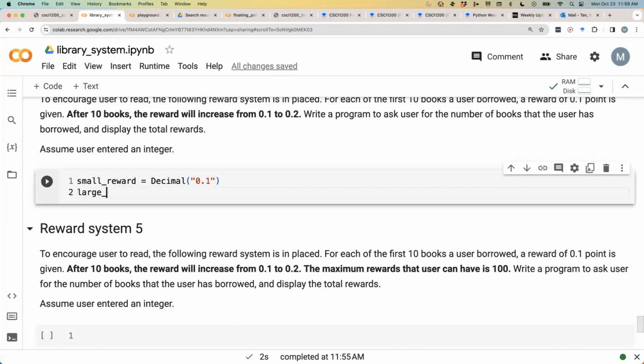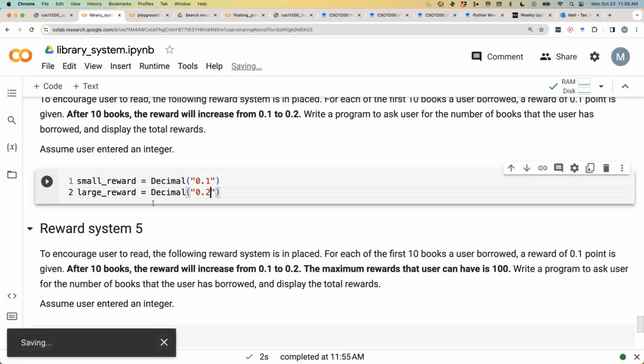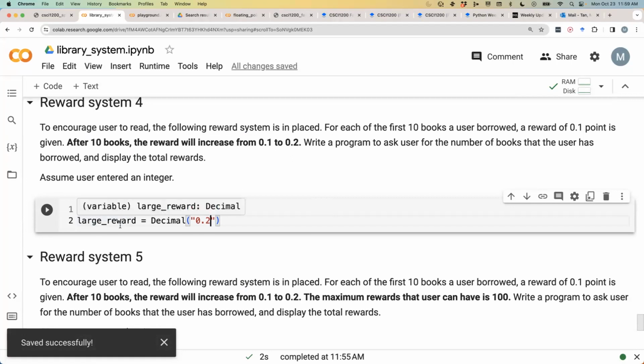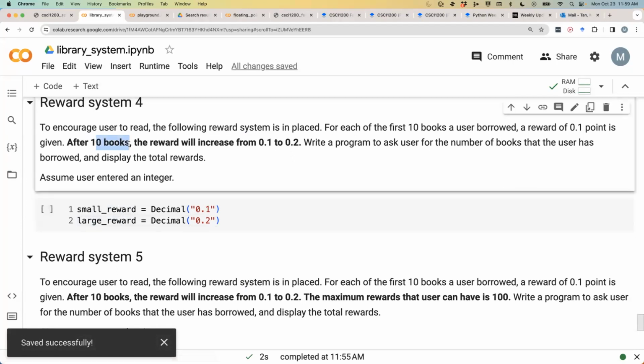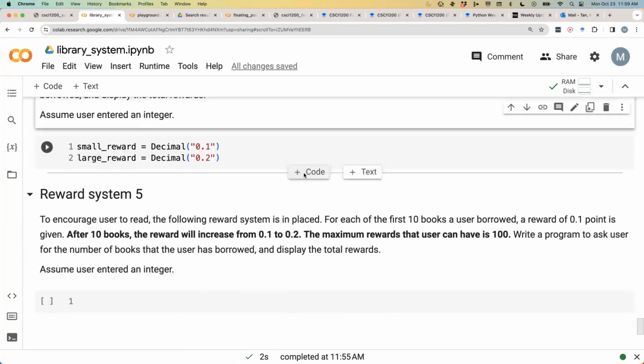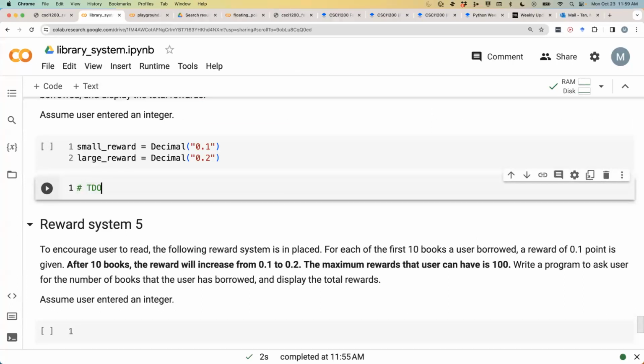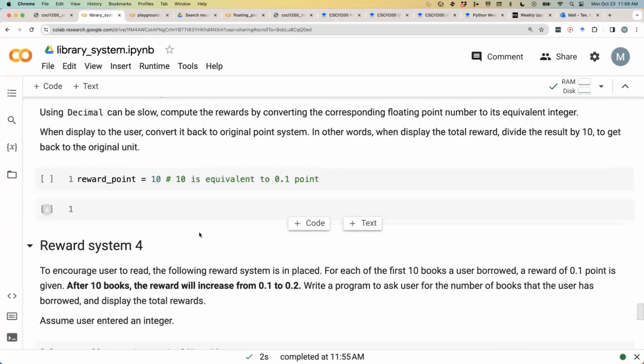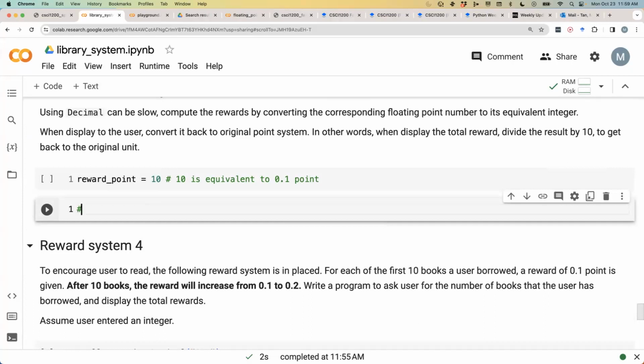And then you have a large reward, Decimal 0.2. All right, and then you compute using this small reward and large reward based on the number of books the user has borrowed. Okay, so again, this is to do. Right, so this is also to do.